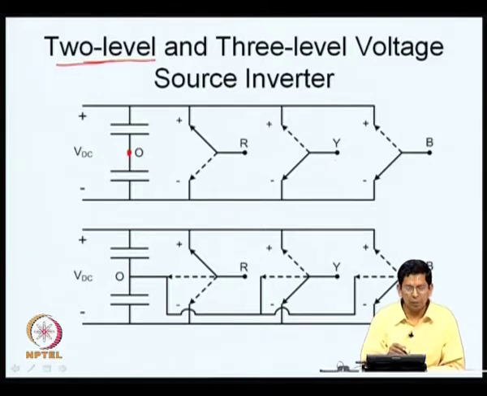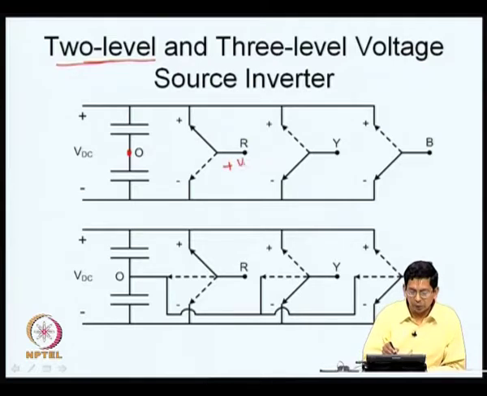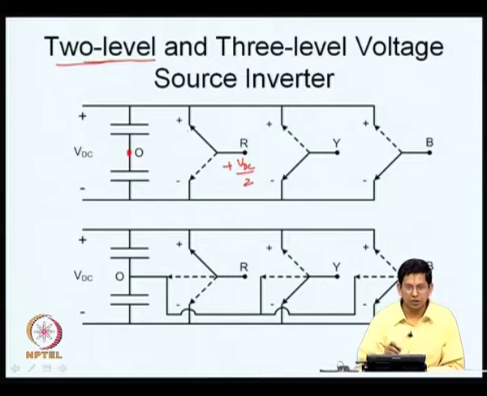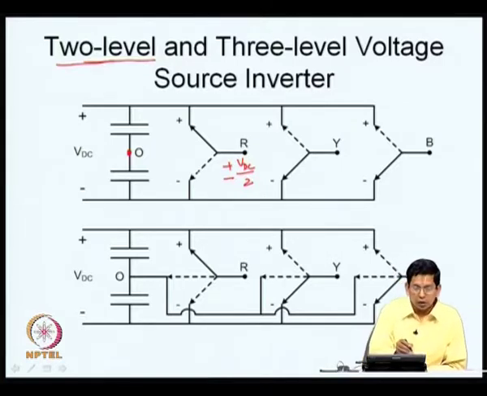This may not be physically available, but theoretically it is easy for us to mention. So, the potential at R with respect to O can be plus VDC by 2 if R is connected to the positive throw. If R is connected to the bottom throw, it can be minus VDC by 2. So, the potential at R can take only 2 values, either plus VDC by 2 or minus VDC by 2. Hence, we call this a 2-level voltage source inverter.